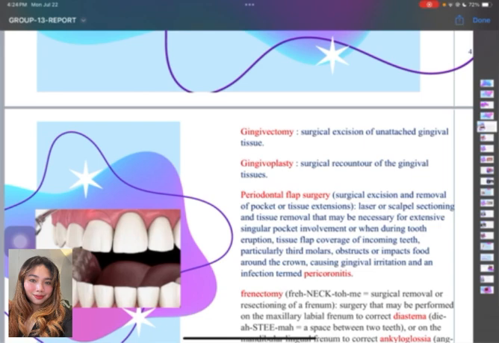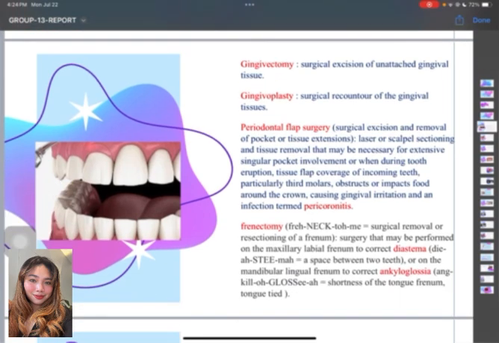Then we have the periodontal flap surgery. As the name itself says, it is mainly used for periodontal surgeries. It is a surgical excision and removal of pockets or tissue extensions.